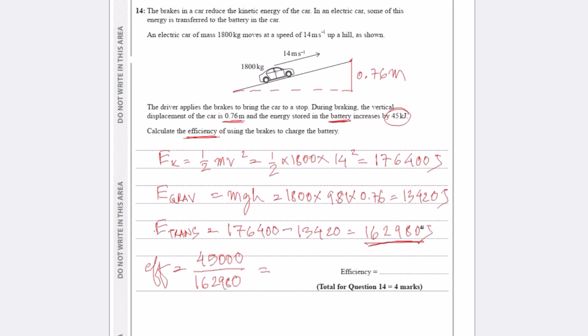Out of this energy, the battery got only 45 kilojoule. So the efficiency should be 0.28. And of course, efficiency does not have a unit.